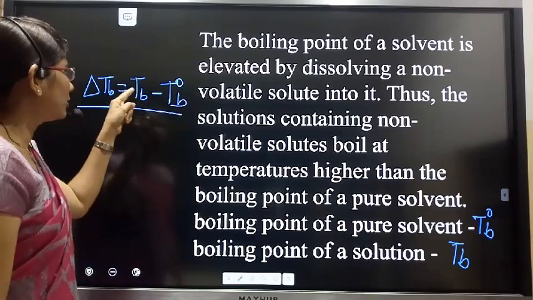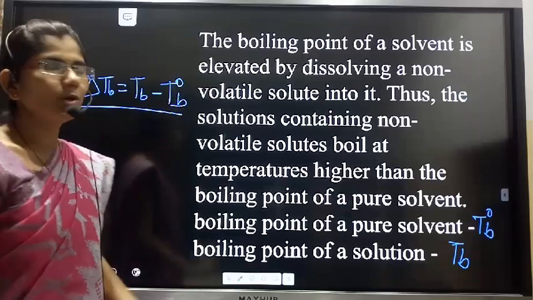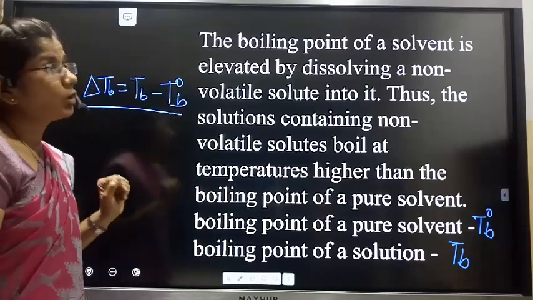Tb is the boiling point of the solution, and T0b is the boiling point of the pure solvent.